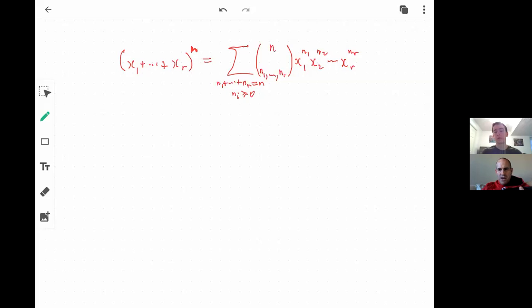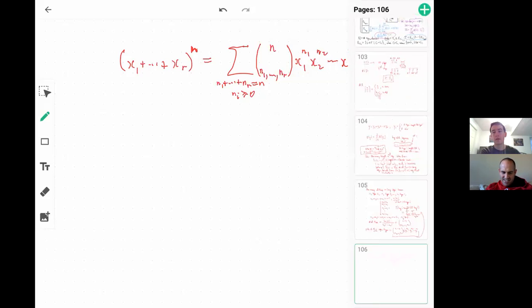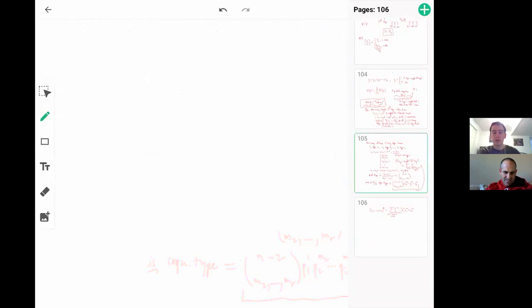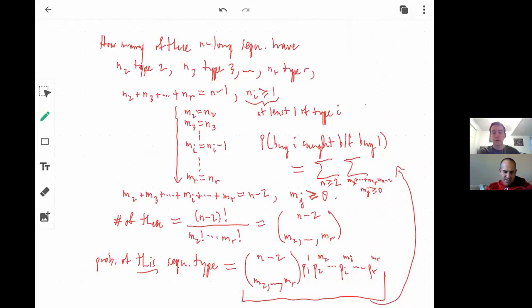Is there a way to simplify that sum on the previous slide? Because that looks almost exactly like what we had back there, doesn't it? Yeah, with one caveat, namely that p1 is like 1, but that can basically be factored out, can't it?